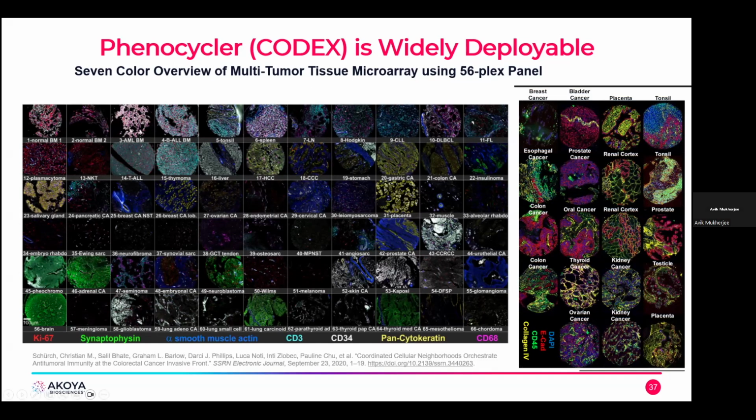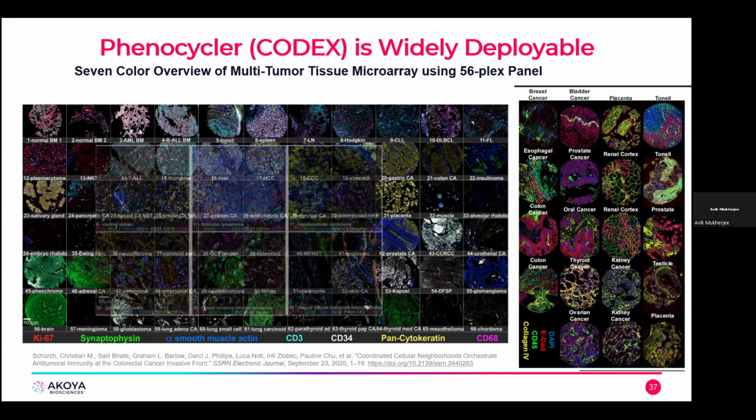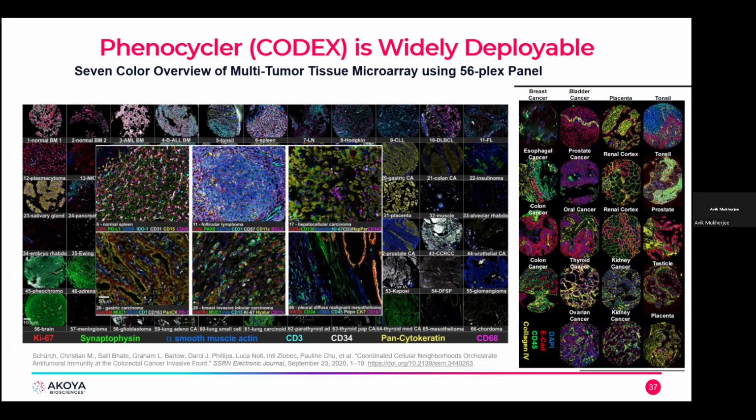You can see different kinds of tissue. I don't know whether you're interested in colon or thyroid or kidney, renal cortex, oral cancer, placenta. So you can see there are different kidney cancer and even mesothelioma. So PhenoCycler is a widely deployable technology and you can use it.